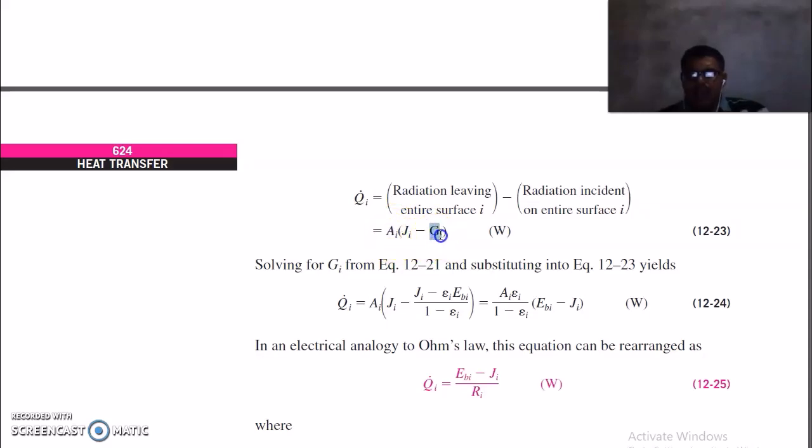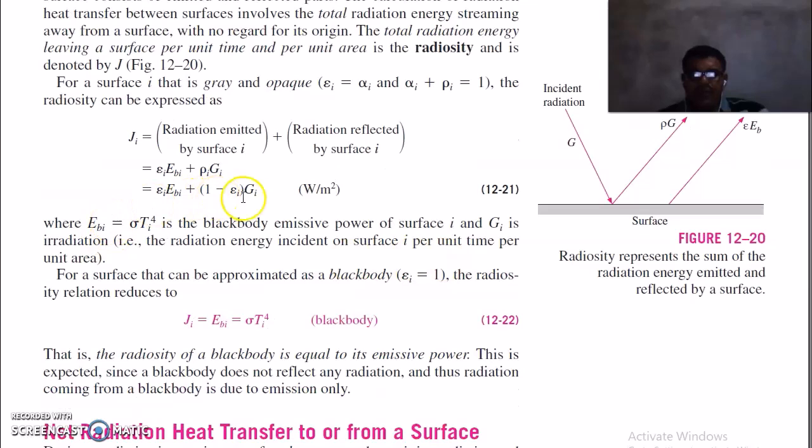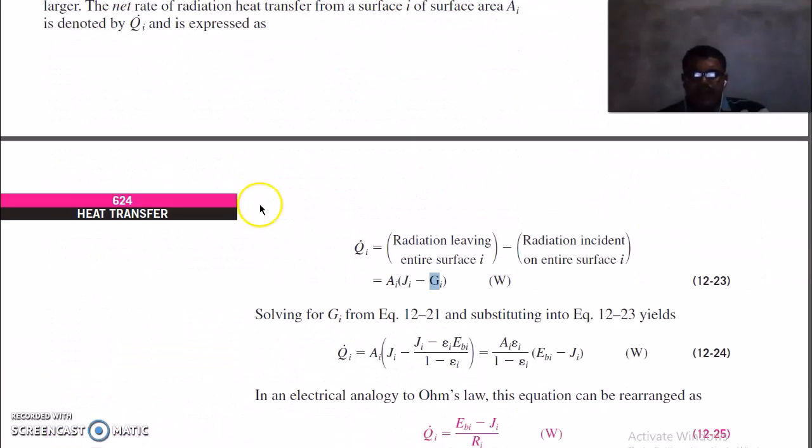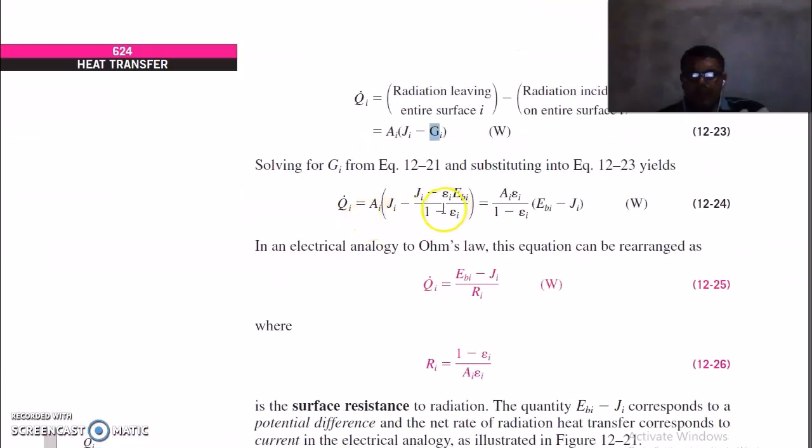Now put G_i in this equation. From this relation you can take this parameter on this side and you will get G_i, which is irradiation. So on solving you will get this relation here. Now if you compare this relation with the electrical analogy of Ohm's law, the equation can be rewritten in this form.